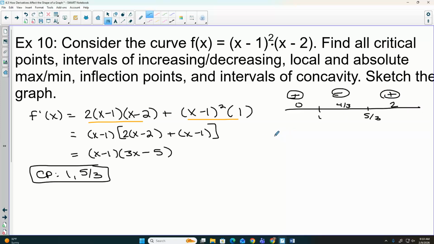So what does that tell me? We increase. So we're increasing from negative infinity to 1, and from 5/3 to infinity. We are decreasing in between, from 1 to 5/3.